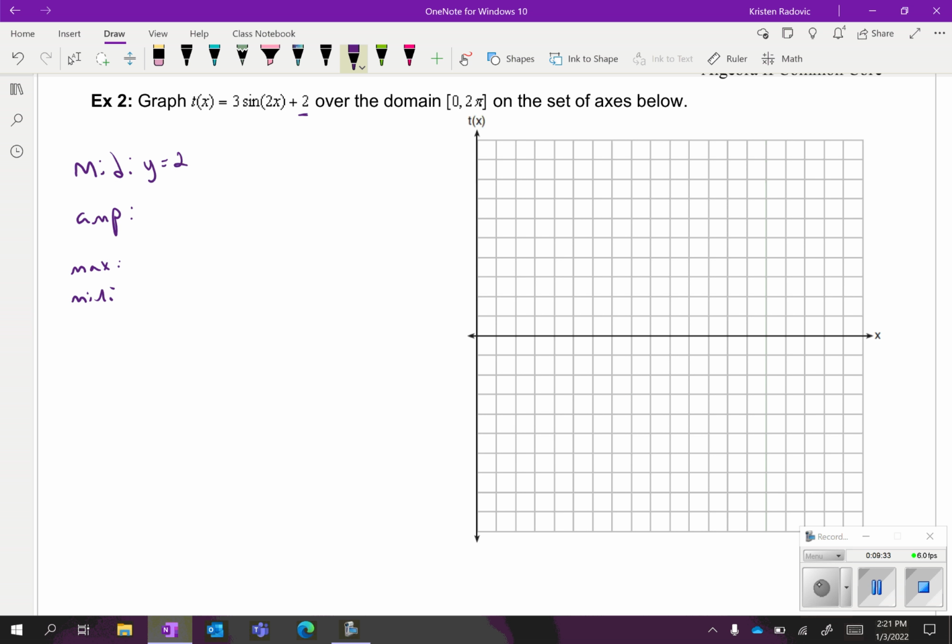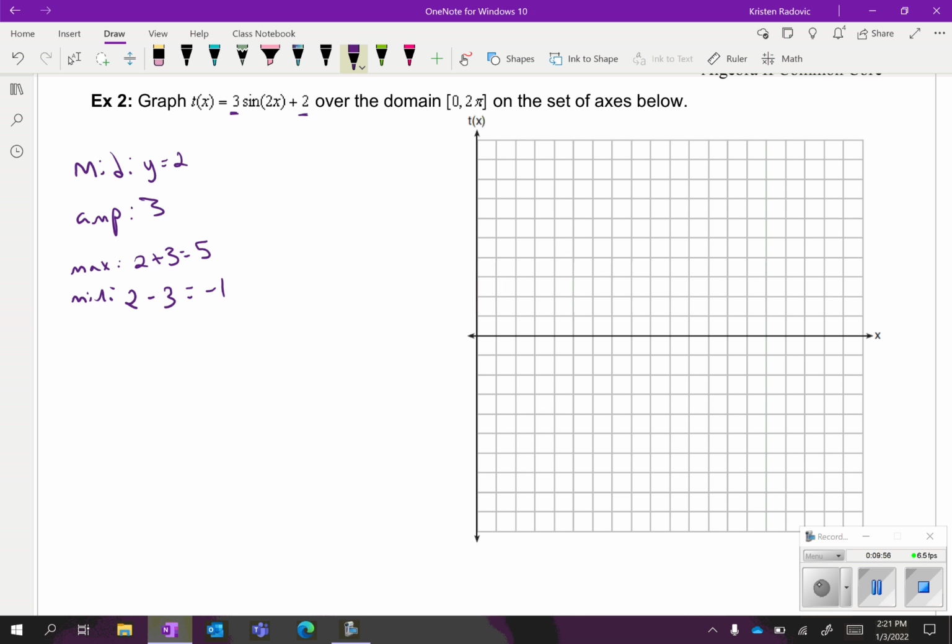So this graph is shifted 2 units up. Your amplitude would be 3. If you are starting at 2 and you are going up by 3, that means your maximum is 5. If you are starting at 2 and going down by 3, your minimum is -1.